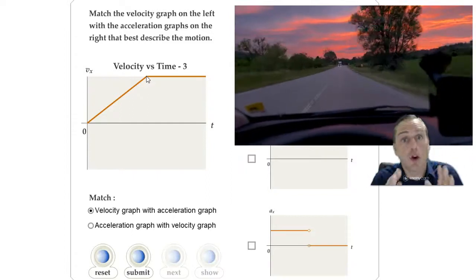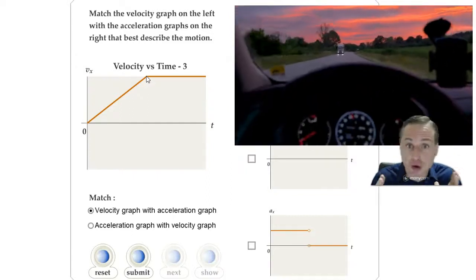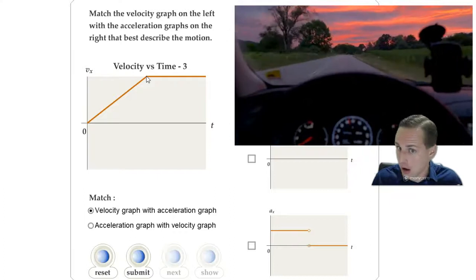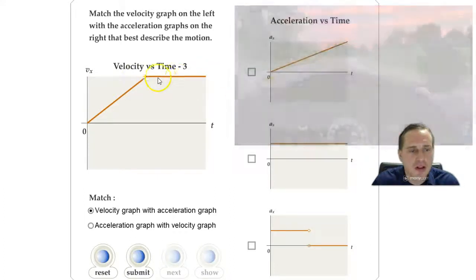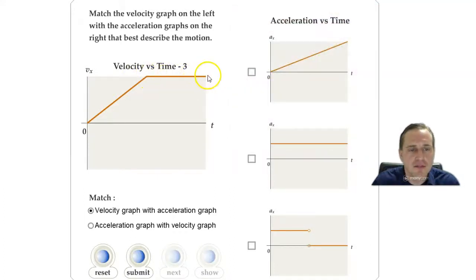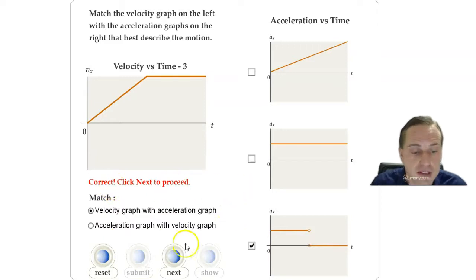Hopefully the speed limit. Hopefully none of the viewers out there are ever going over the speed limit, right? Here we have the constant velocity. So I think it's probably going to be this last graph. So positive acceleration, then suddenly 0 acceleration. So that's correct. Let's proceed.